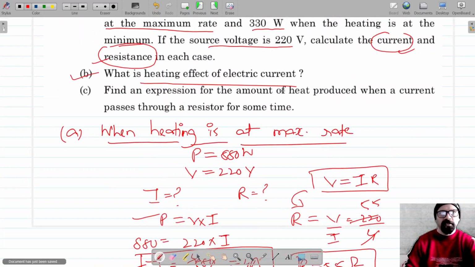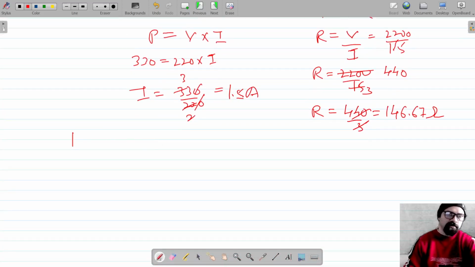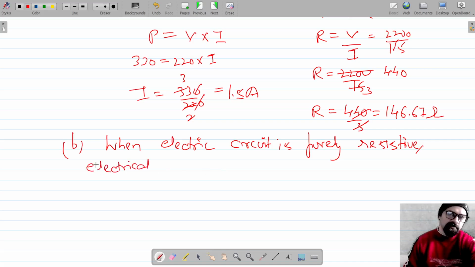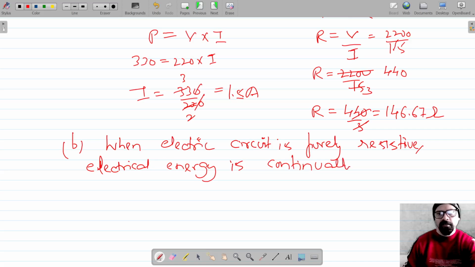Okay, let's move on to the next part. What is the heating effect of electric current? Heating effect of electric current means that when an electric circuit is purely resistive, electrical energy is continually dissipated in the form of heat.